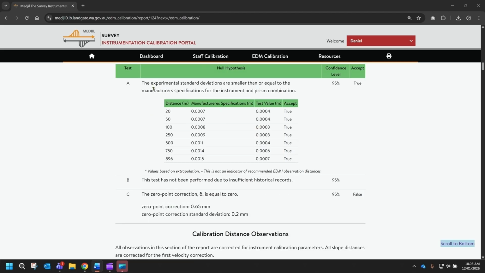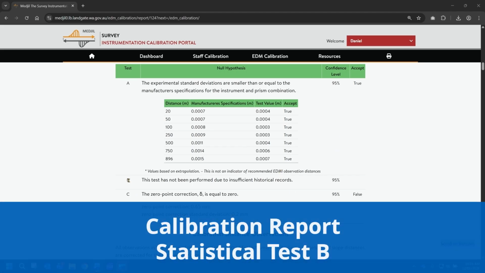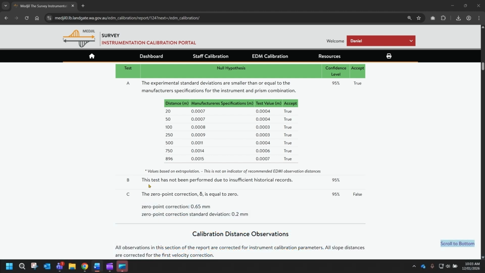So we've looked at statistical test A, which we did pass. The statistical test B compares subsequent calibrations with the same EDM instrument to one another. So in my case here, I've only got one calibration in Medjil with this instrument, so the test is not performed. This test is not being performed due to insufficient historical records. But the test basically looks to compare the calibration results.